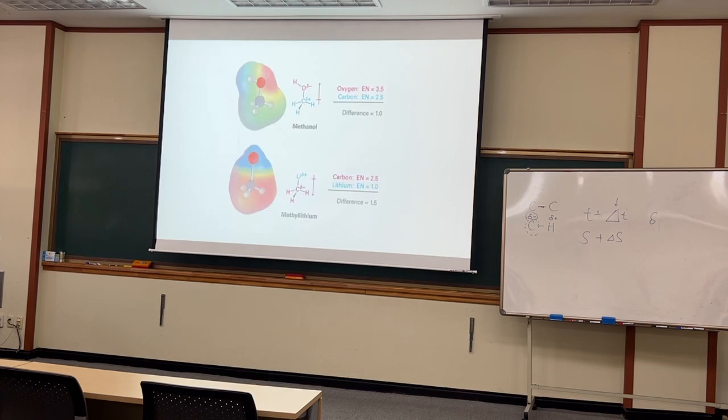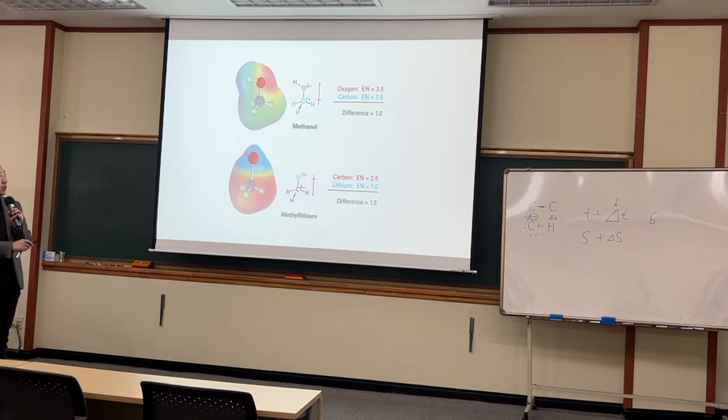Then let's look at it again. So here, carbon, oxygen going this way, from bottom to top. Metal, carbon going this way. Hydrogen, carbon going this way. How polar it is, that is defined by the difference of these electronegativity values.